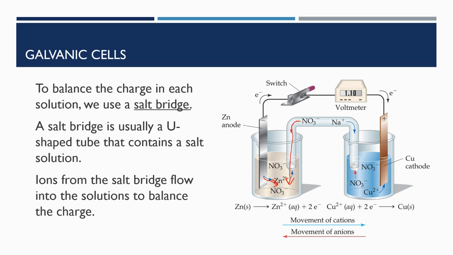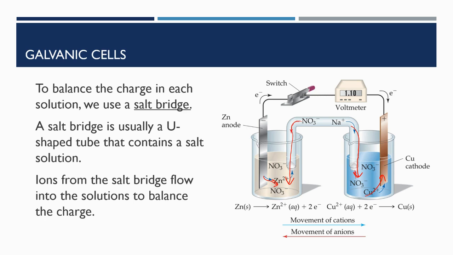And for every zinc ion that is produced, 2 nitrate ions will flow into the solution to balance the charge. And the same is true on the other side. As copper 2 positive ions leave the solution and become neutral copper atoms, positive sodium ions will replace those positive ions that left. And for every copper 2 positive that leaves, 2 sodium ions will flow into the solution to balance the charge of the nitrates that are left behind.